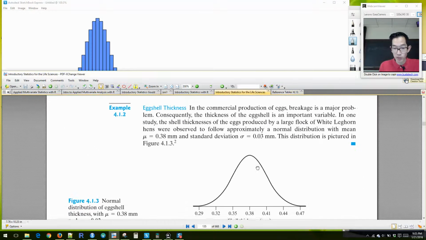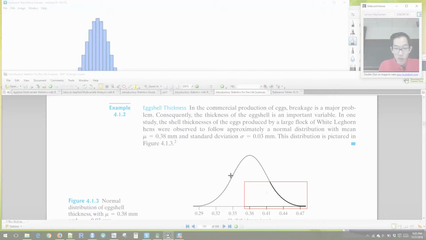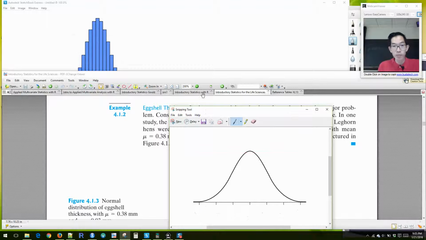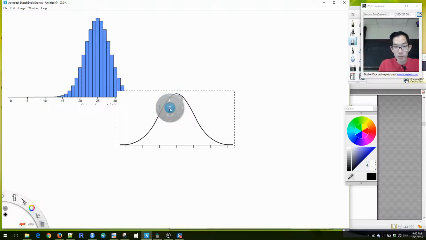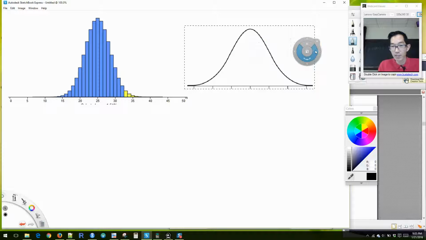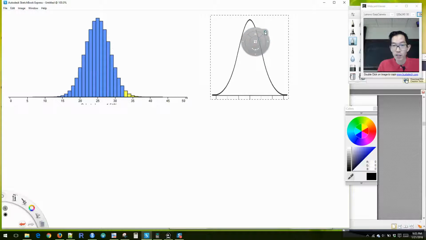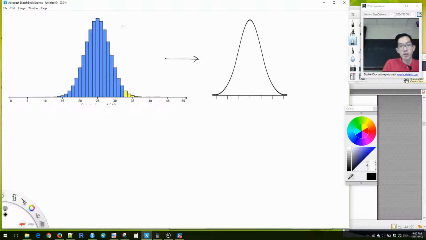So where's my little diagram? I'm going to draw this also. Okay, so we're gonna try this. Basically, this is the binomial, and this is the normal approximation.